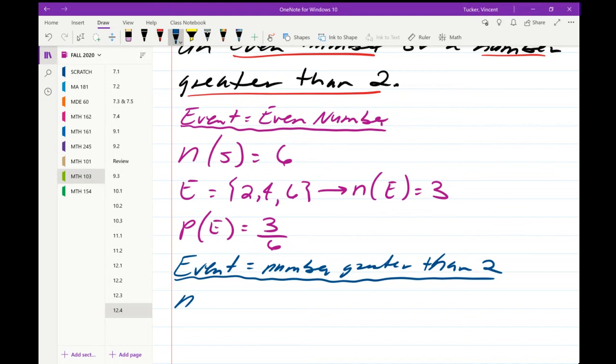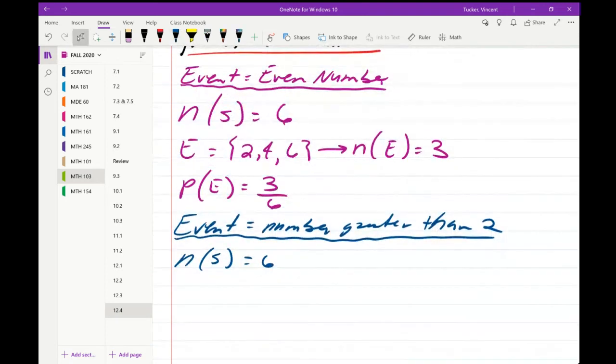So the next event is a number greater than 2. Once again, our sample space is 6. I'll call this event G for greater than. So we got 3, 4, 5, 6.